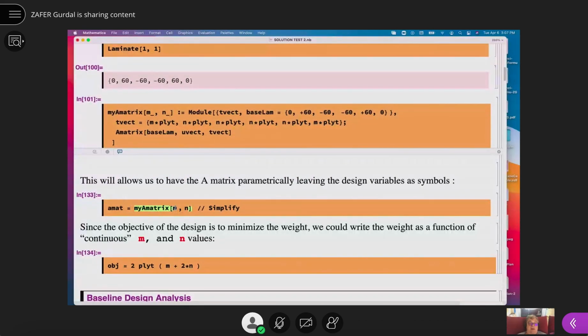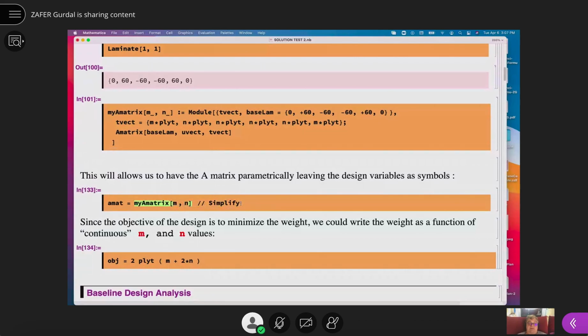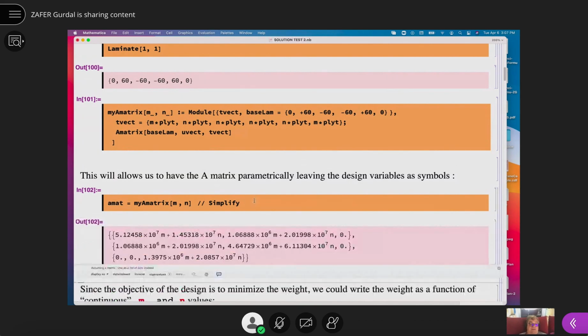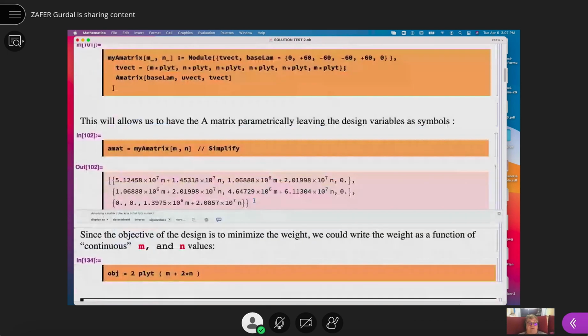with symbolically M and N, simplify it and store it in A matrix. So depending on what A matrix my optimizer wants to evaluate as it changes M and N, A matrix will give me the right answer. And that one is this.